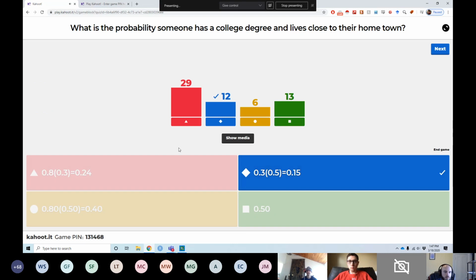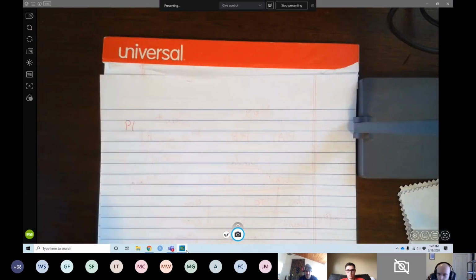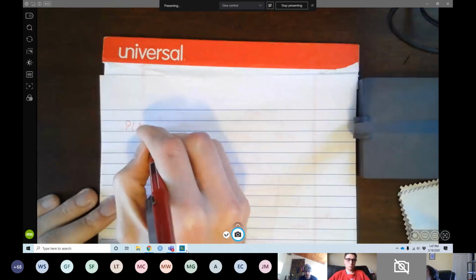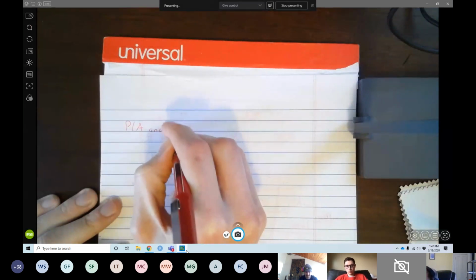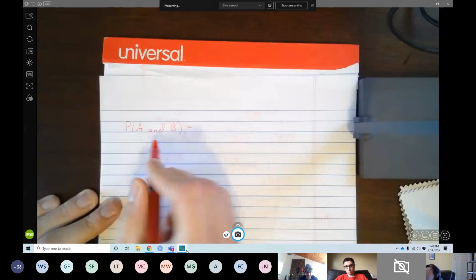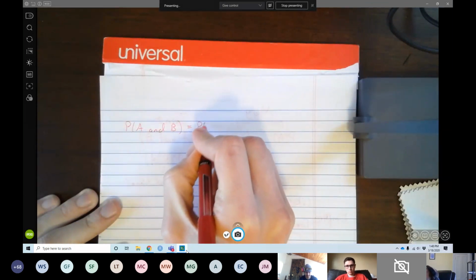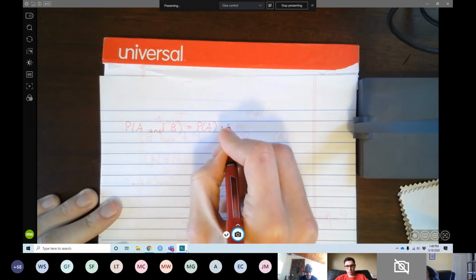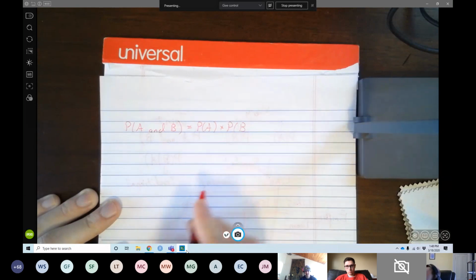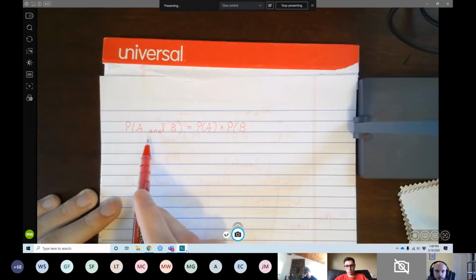So for this first one, the way joint probabilities work, if we have the probability of A and B, we can turn this into a multiplication, the probability of A times the probability of B, if A and B are independent.